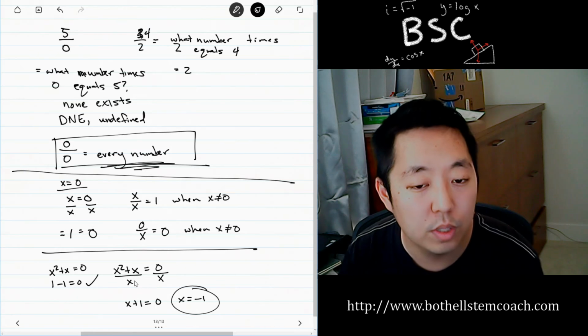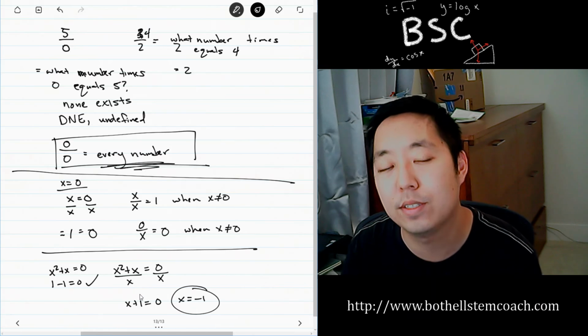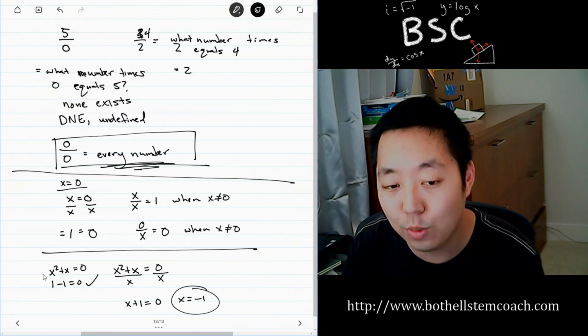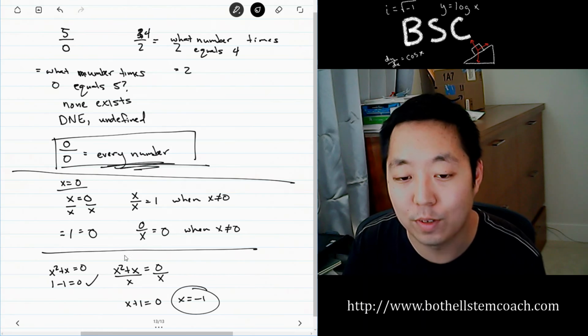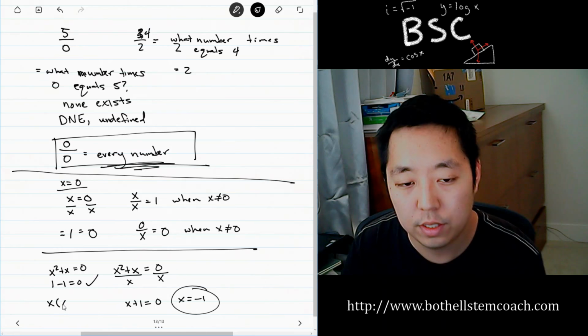But we messed up something when we did this problem. We didn't confirm that x wasn't 0. It turns out 0 actually also works for this equation, right? So x could be 0. The proper way to solve this equation is to actually factor.